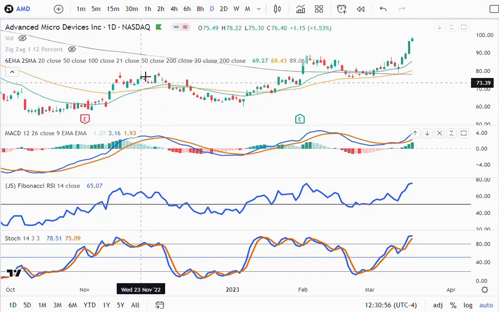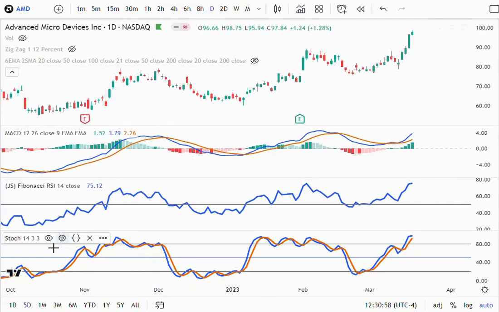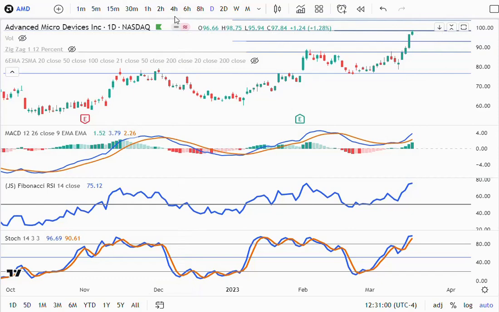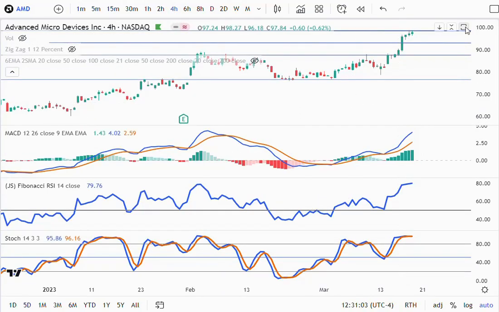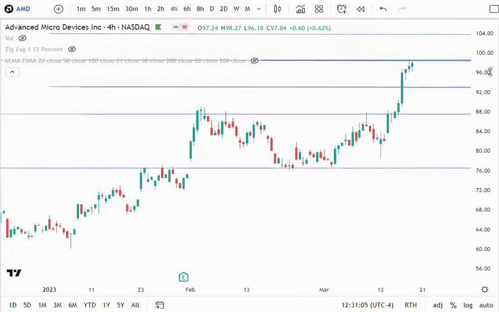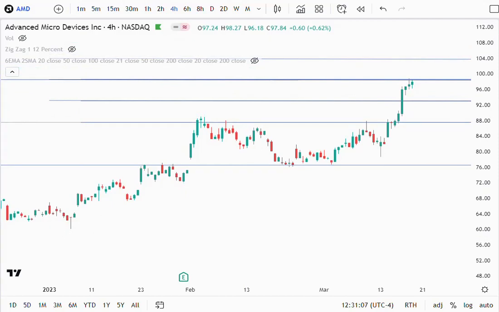So what are some of the levels we should be looking out for in AMD? Let's go to the 4-hour chart so we can see the levels. Again, AMD traded between this zone and this zone, and then it broke out right here.